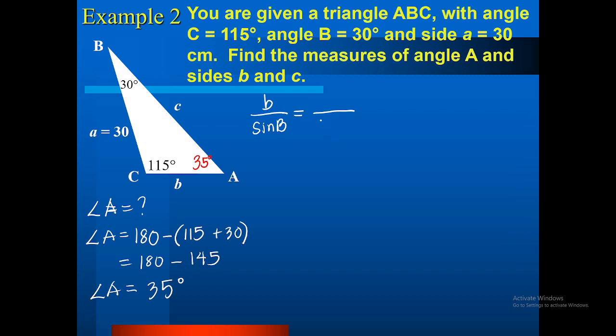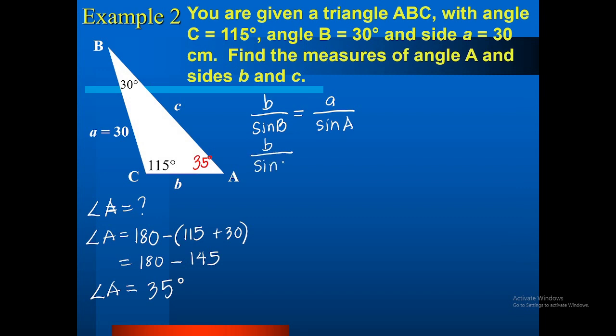A over sine A. I agree with that. If I use C over sine C, we have two unknowns, we cannot solve the problem. Okay?